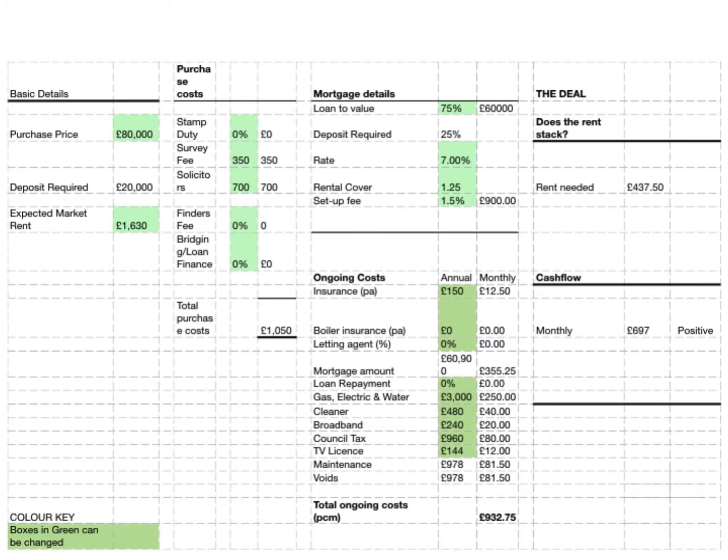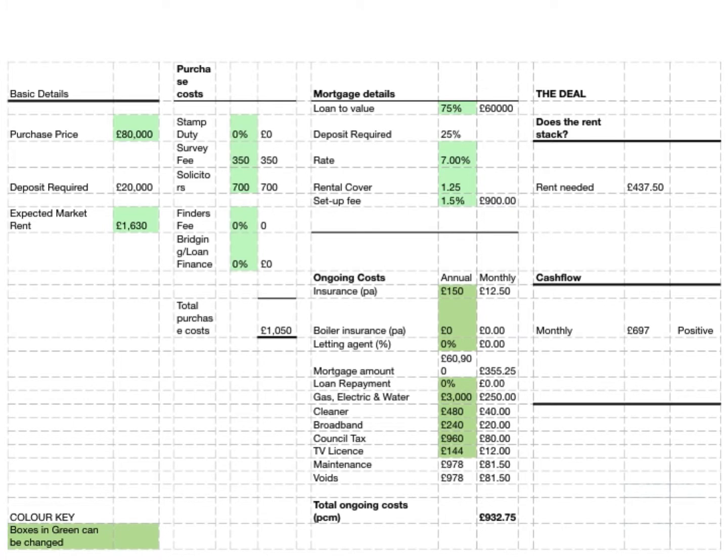And the loan to value in this example is 75% loan to value. So basically you're looking at borrowing 75% of the purchase price, which means that you'll be able to borrow 60,000 potentially from a bank or building society or lender, and you need to put in a deposit of 20,000.